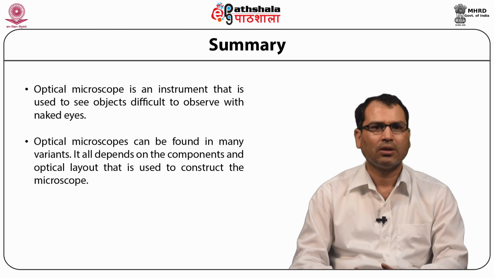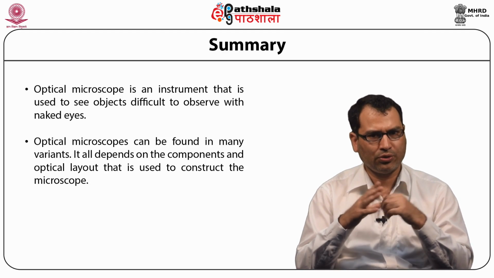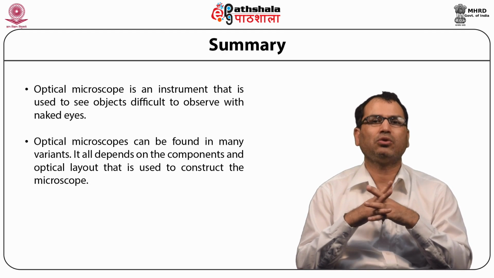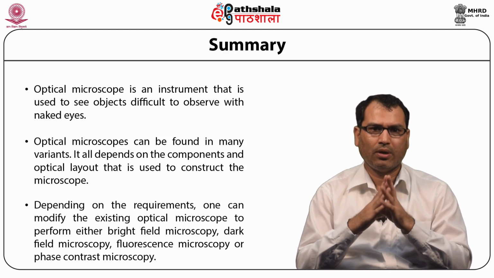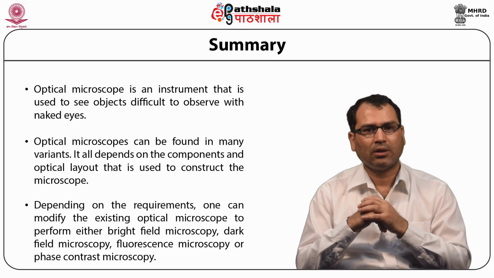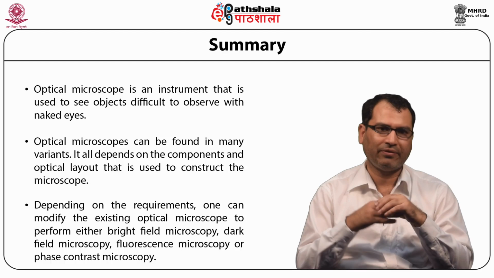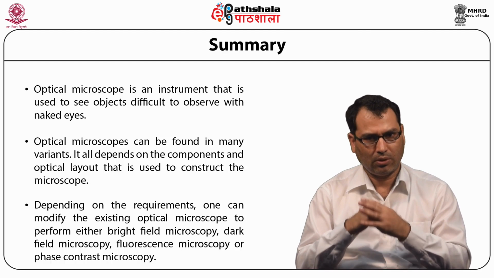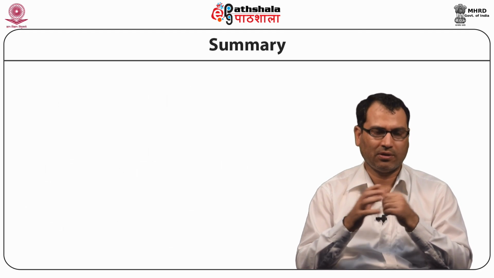It all depends on the components which are used to construct the optical microscope and the layout. So depending on the requirements, one can modify the existing optical microscope to perform either bright field microscopy, dark field microscopy, fluorescence microscopy or phase contrast microscopy.